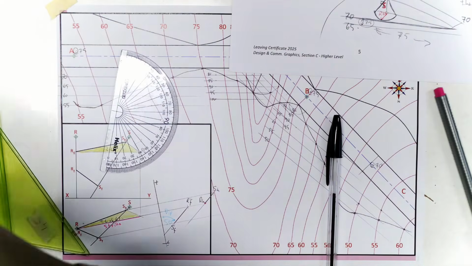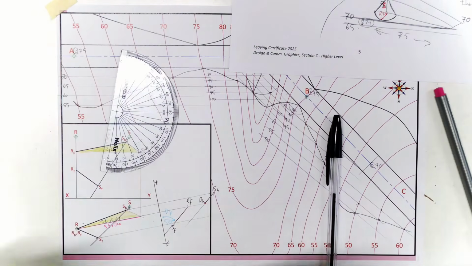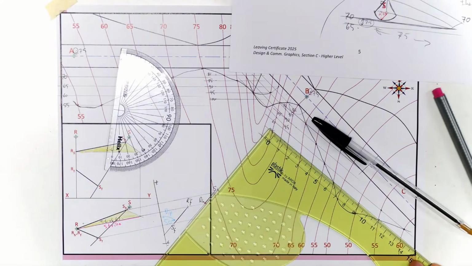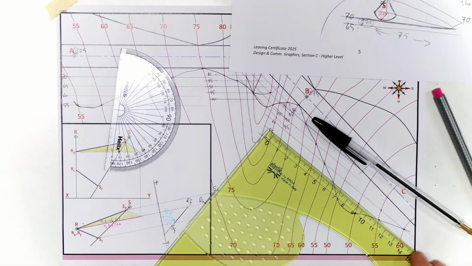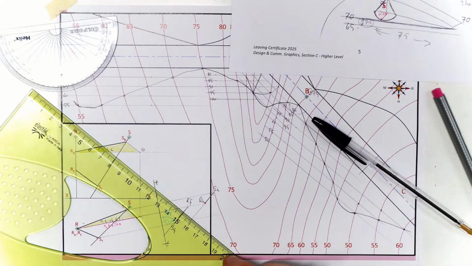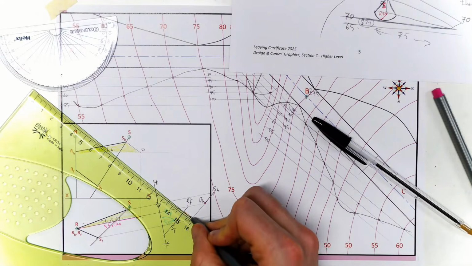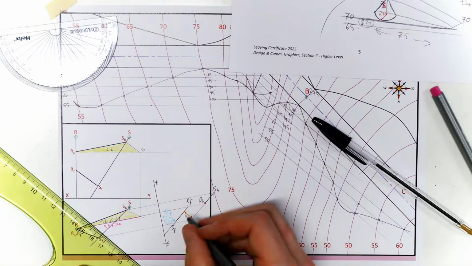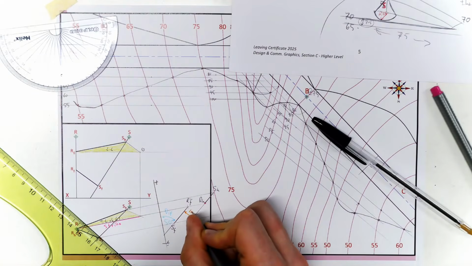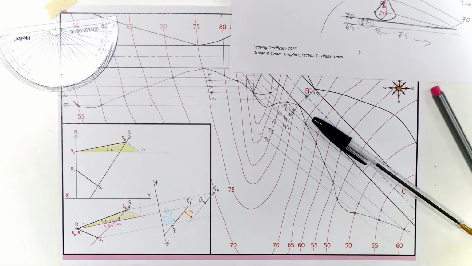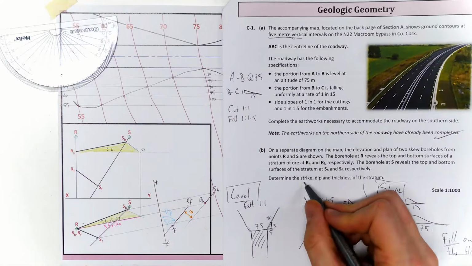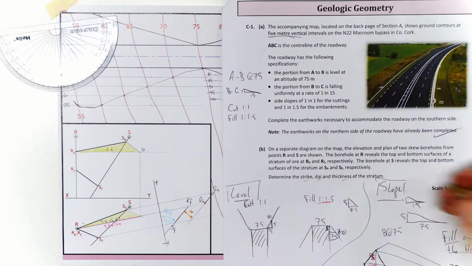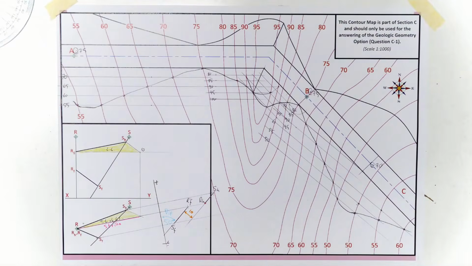And then we've got the thickness, so we have the perpendicular thickness, and I've got that at 10. Okay, so just go back then, double check everything. They asked for the strike, dip, thickness. We found them all, so that's part B completed. Pretty straightforward question there in the 2025 section C.